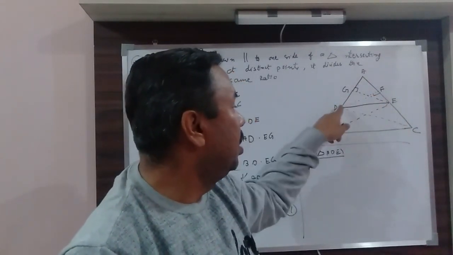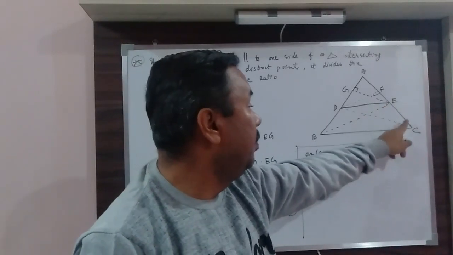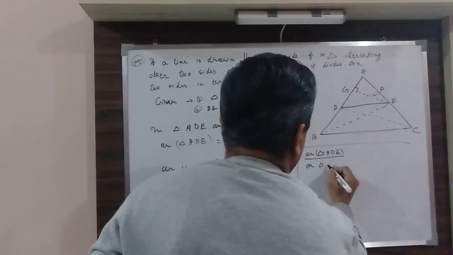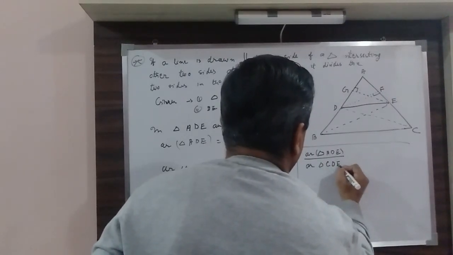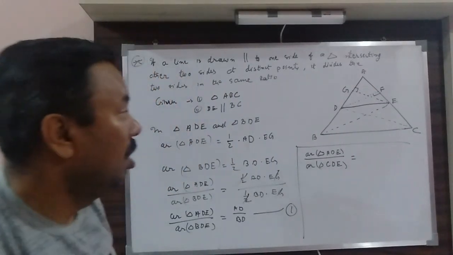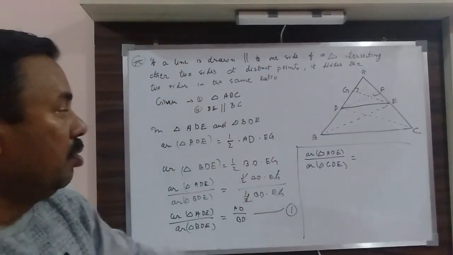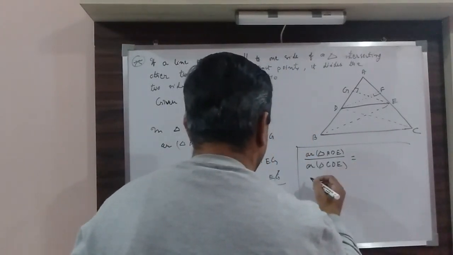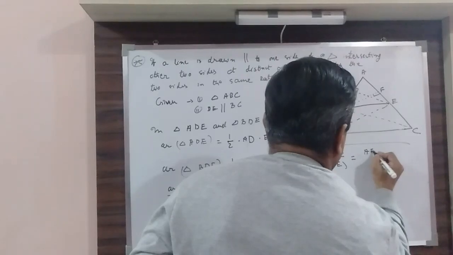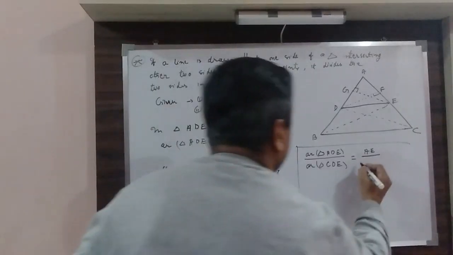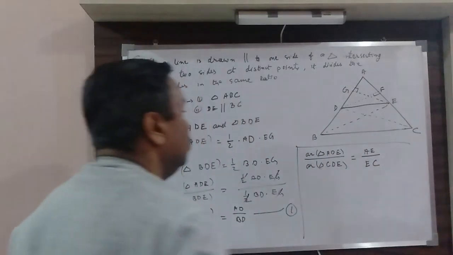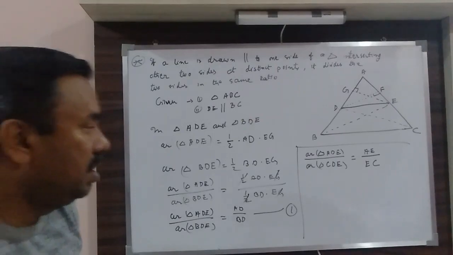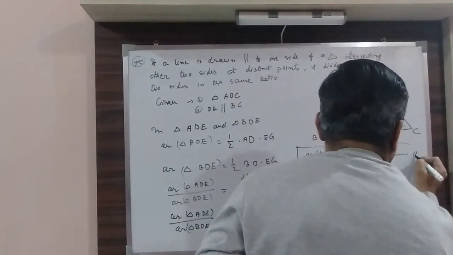That means obviously one of them is ADE and the other will be CDE. In a similar way you can prove that this is equal to AE over EC. Got it? AE over EC. Let it be equation 2.